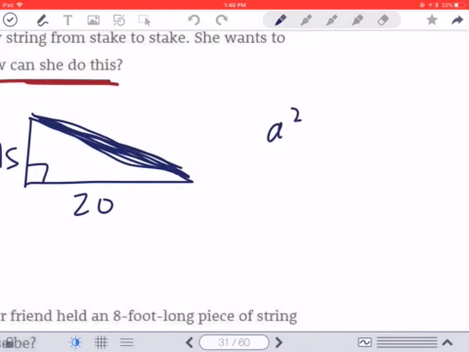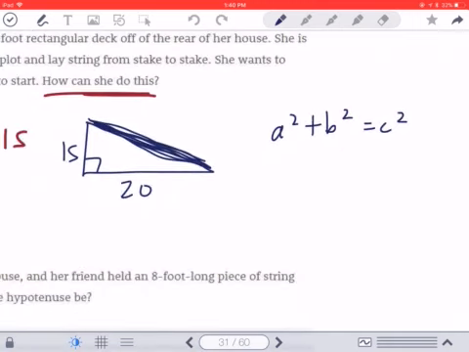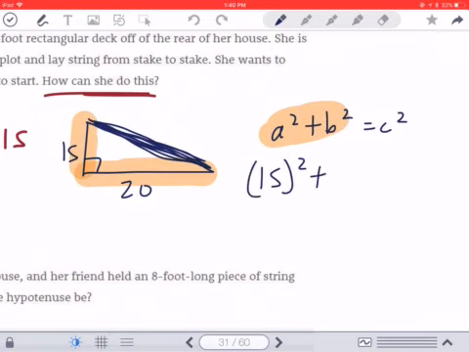So we're going to use a squared plus b squared equals c squared. My a and b values are the legs of the triangle. I'm sure you've heard about this many times from 7th grade on up. So I'm going to do 15 squared plus 20 squared equals c squared. And c is going to be my hypotenuse.